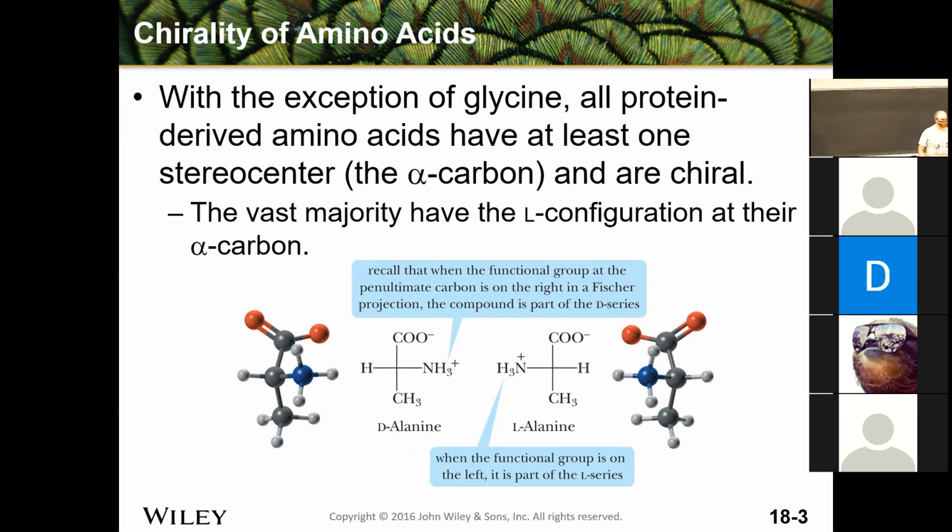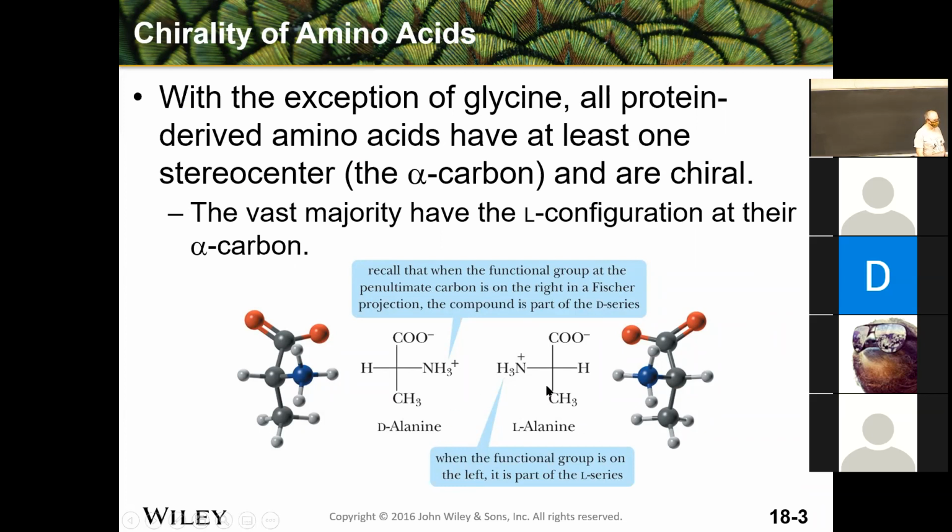With the exception of glycine, all protein-derived amino acids have at least one stereocenter, and that's on the alpha carbon, and are chiral. The vast majority will have the L configuration at their alpha carbon. So what do we mean by the L configuration?